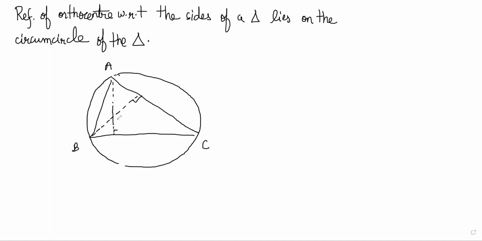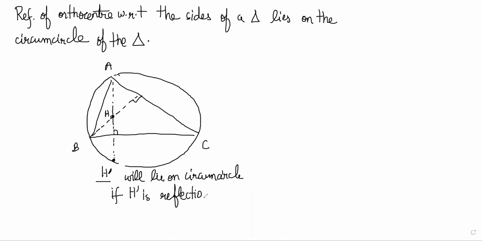This is 90, this is 90, this is my orthocenter H. Now the theorem is saying that if you reflect H on the side BC, this reflection H dash will lie on the circumcircle, where H dash is the reflection of H on side BC.